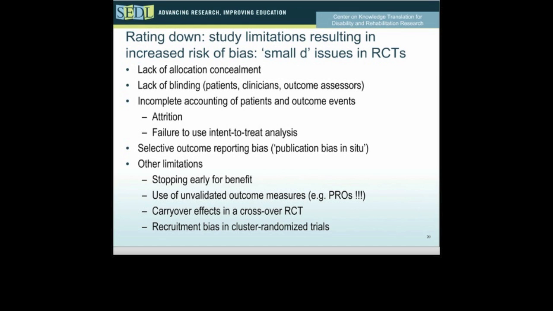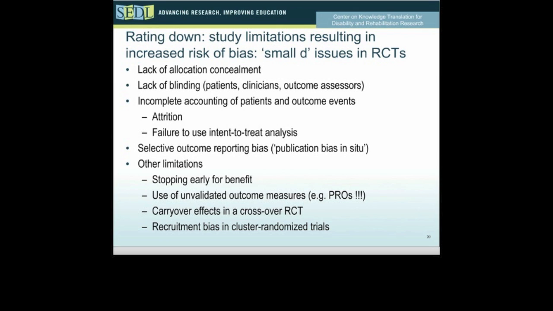Even if you have predefined rules as to how often you will look at the data and how you will analyze to stop early, there's still problems with it, and GRADE doesn't like it.